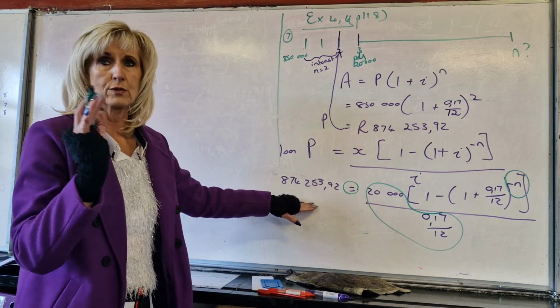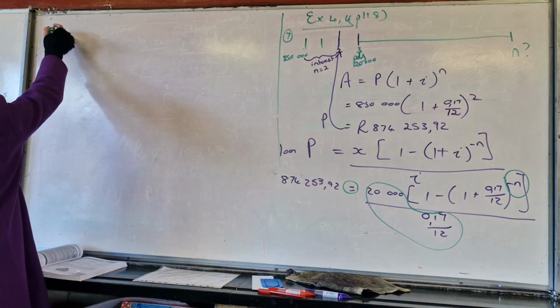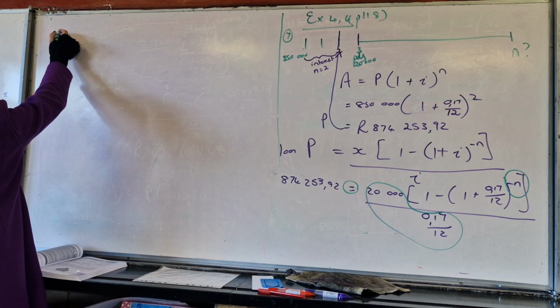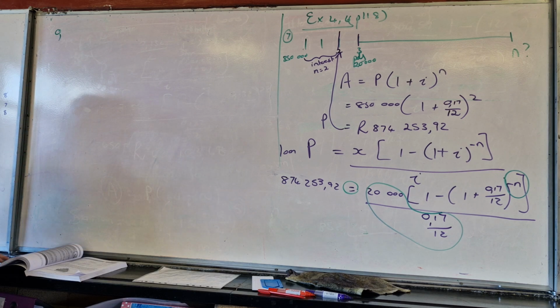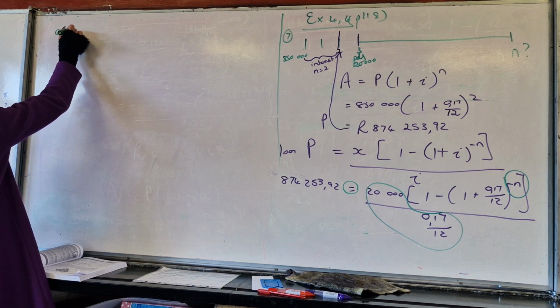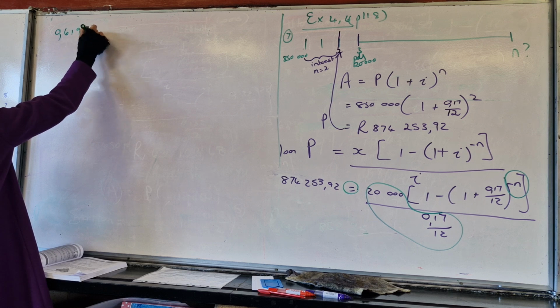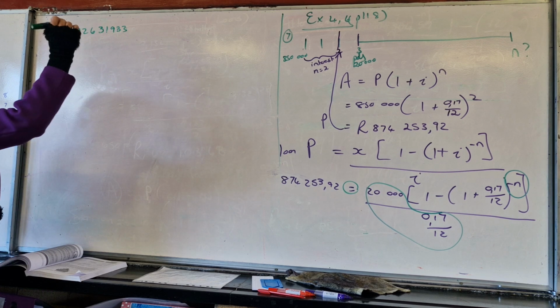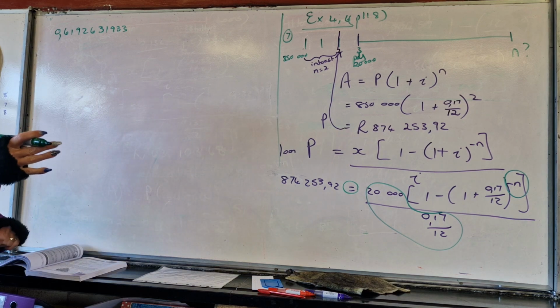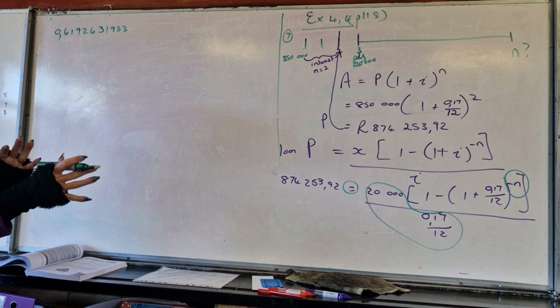I need that one answer for me, please. 0.61. Is it not a fraction? No. Okay, 0.61926311933. Everybody agreed? I'm writing everything down because I'm going to do quite a lot of other stuff now as well.